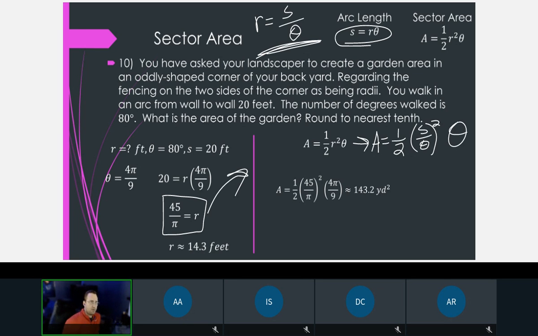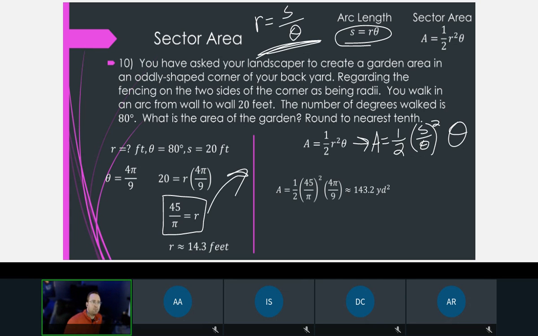And from here, we could just plug our stuff in and hit enter. So 1/2 times your s, you're given s, which is 20. Your angle is 4 pi over 9, quantity squared, and then times 4 pi over 9.